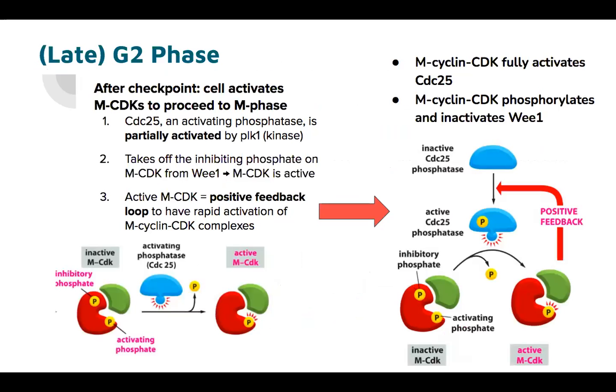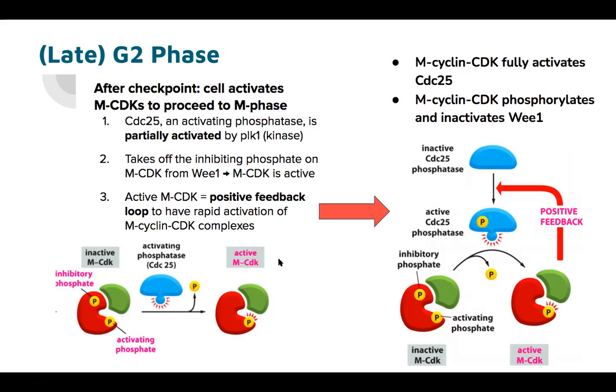So for the next slide, the late G2 phase. All right, this is after the checkpoint. Everything is good to go. Now the M cyclin CDKs are activated. And this is done by CDC25, which is an activating phosphatase.